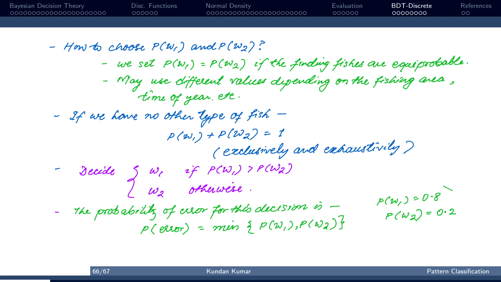So in this case, we will always make the decision in favor of sea bass. So in this decision rule, there is some problem. So let us generalize this decision rule by adding some more information to it.